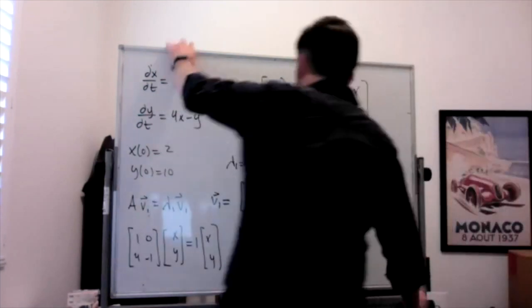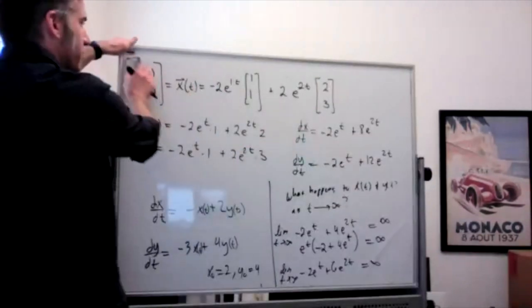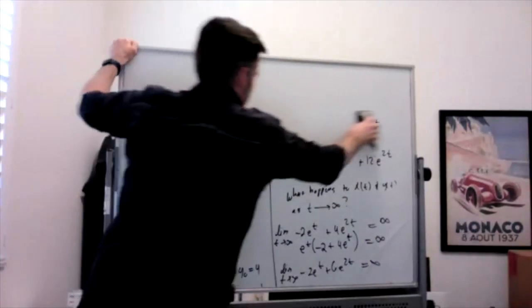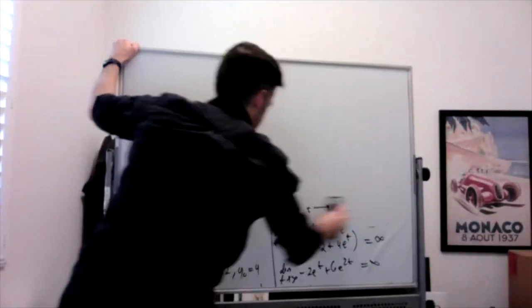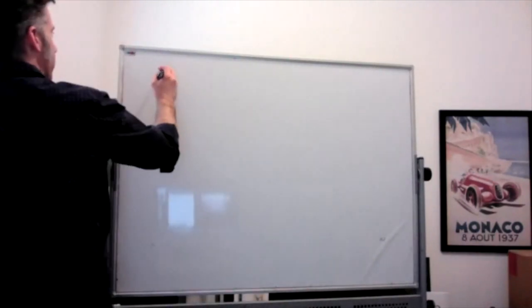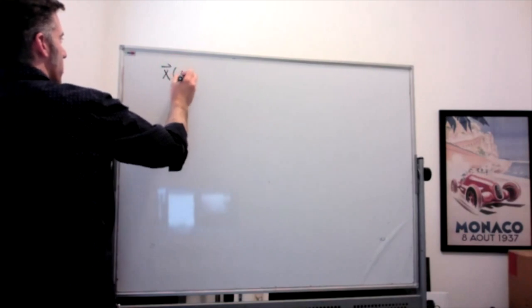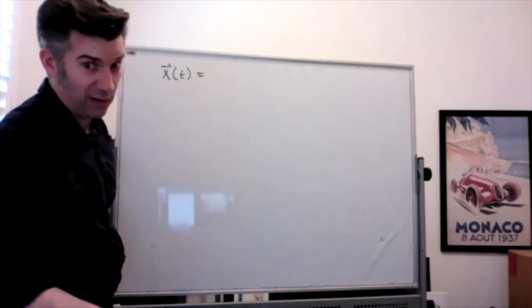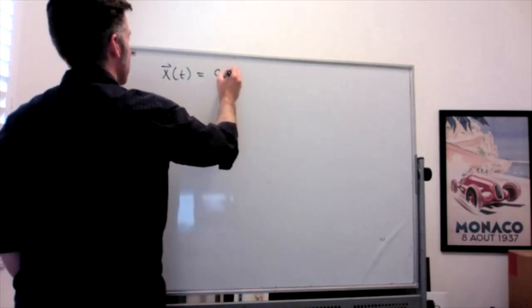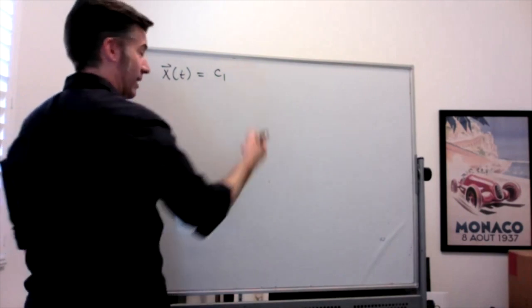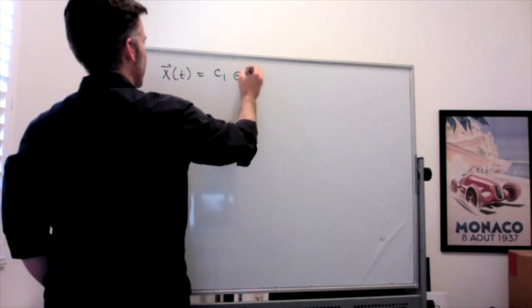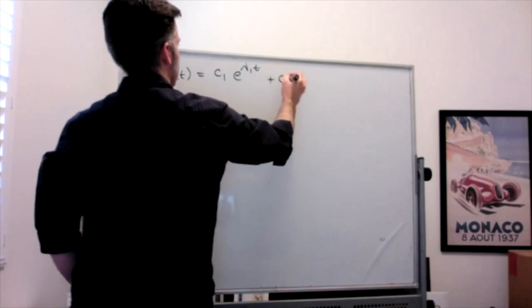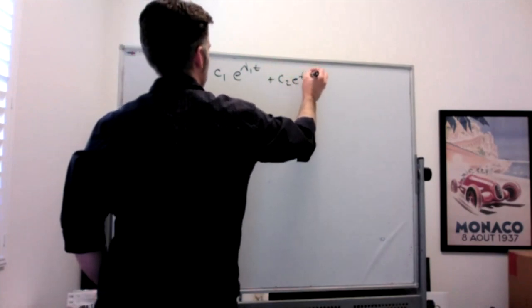All right, so here's my solution, really. My solution is that the vector, and you guys really do want to memorize this, it's going to come up a lot, is C1 e to the lambda 1 t plus C2 e to the lambda 2 t.